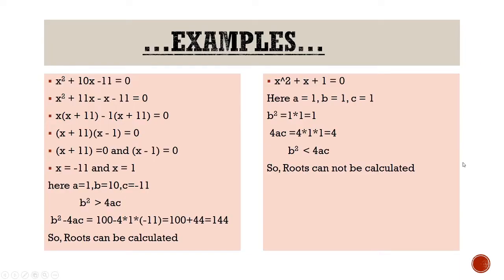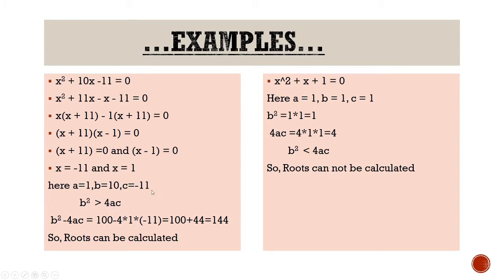Now we will see two examples. The first one is x^2 + 10x - 11 = 0. After solving the equation, we find two roots: one is x = -11, another one is x = 1. From the equation, a is equal to 1, the coefficient of x^2, b is equal to 10, the coefficient of x, and c is the constant, here -11.